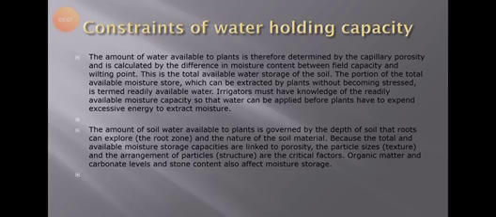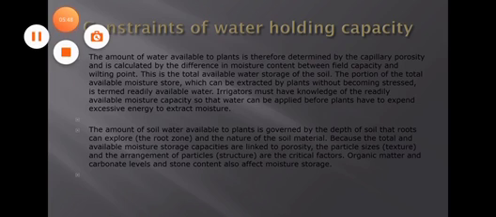The amount of soil water available to plants is governed by the depth of soil that roots can explore, the root zone, and the nature of the soil material. Because the total and available moisture storage capacities are linked to porosity, the particle sizes, texture, and the arrangement of particles, structure, are the critical factors. Organic matter and carbonate levels and stone content also affect moisture storage.